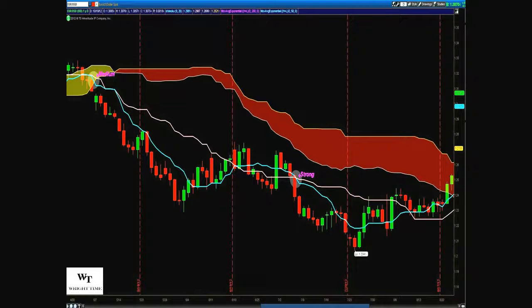We didn't even get too deep into how to use it with the cloud and the Chikou, and there's a whole bunch of different strategies we have at Global FX Club that allow us to use the Ichimoku on different time frames, as we have 15-minute traders, hourly traders, daily, and even weekly.